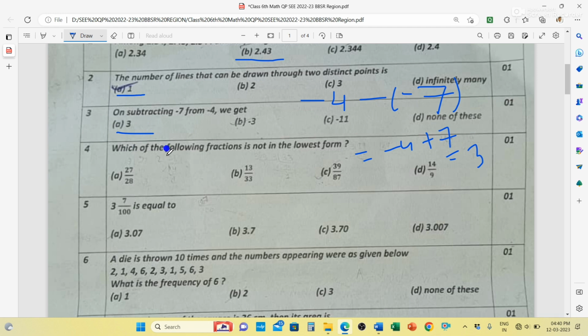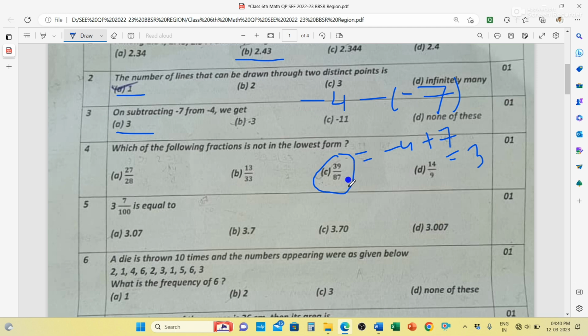Okay. Then, which of the following fractions is not in the lowest form? 27 by 28, 13 by 33, 39 by 87, 14 by 9. Here 39 by 87 is not in the lowest form, because you can see the numerator 39 and denominator 87 are both divisible by 3.